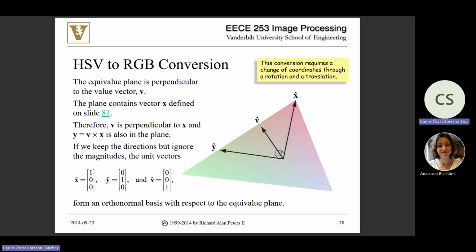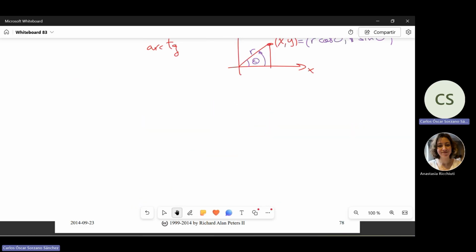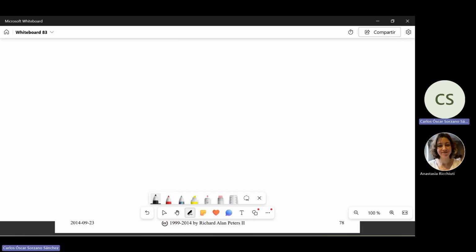And you have y. y has to be perpendicular to these two. You know, again, from standard coordinate systems, you can define any vector in this way. So, for instance, let's say that you have the standard coordinate system. This one. Now I am emphasizing the directions of the vectors.